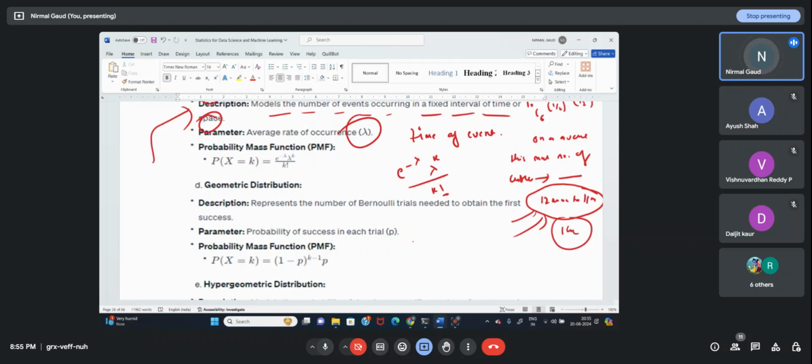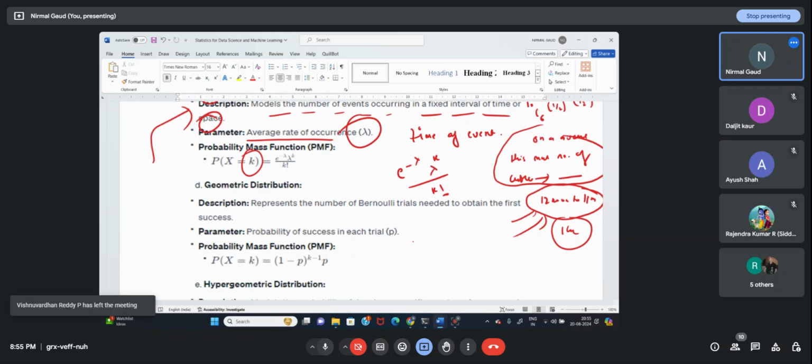Okay. So lambda is the average rate of occurrence. That means they have already given on an average how many customers appear. Now k is your time period. That means for 1 hour, from 12 noon to 1 p.m., how many customers may appear.